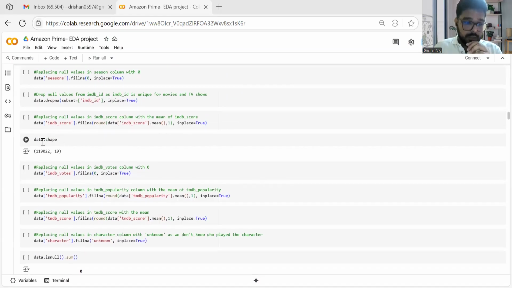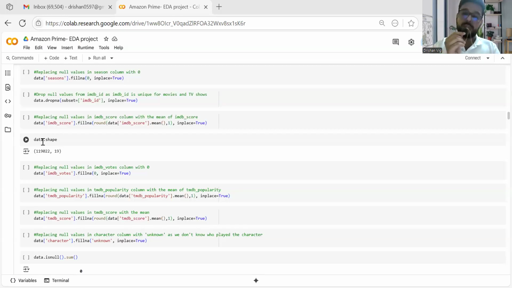Then we're going to run this function to see how many rows and columns there are. It's very important after the data cleaning process. It's important to check the number of rows and columns before moving forward with any other calculations, just to make sure that the nature of the data set has not changed.